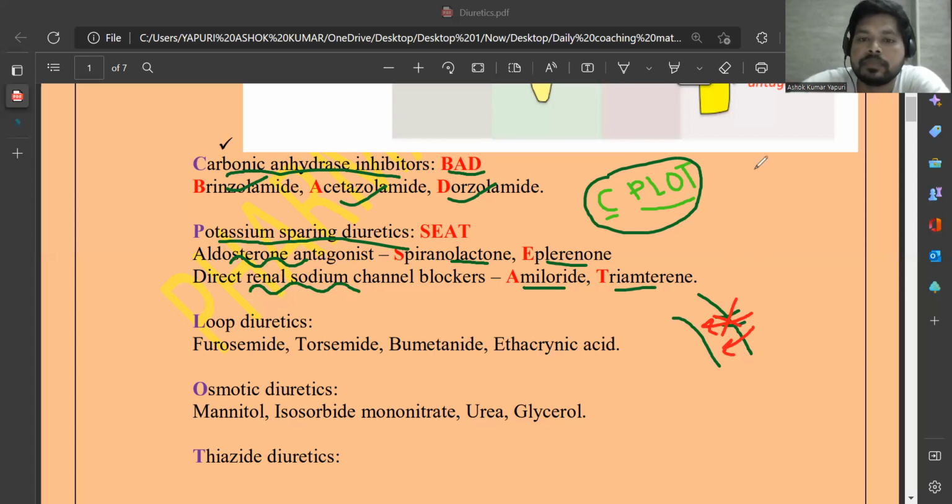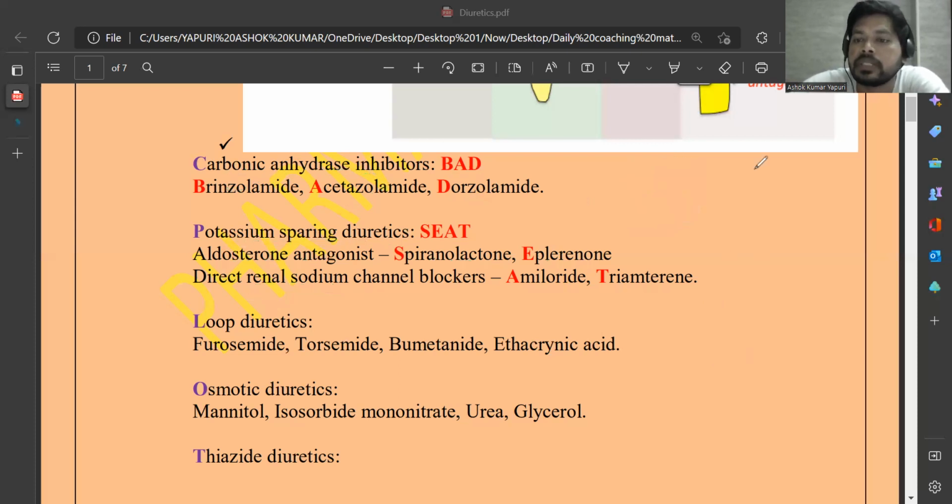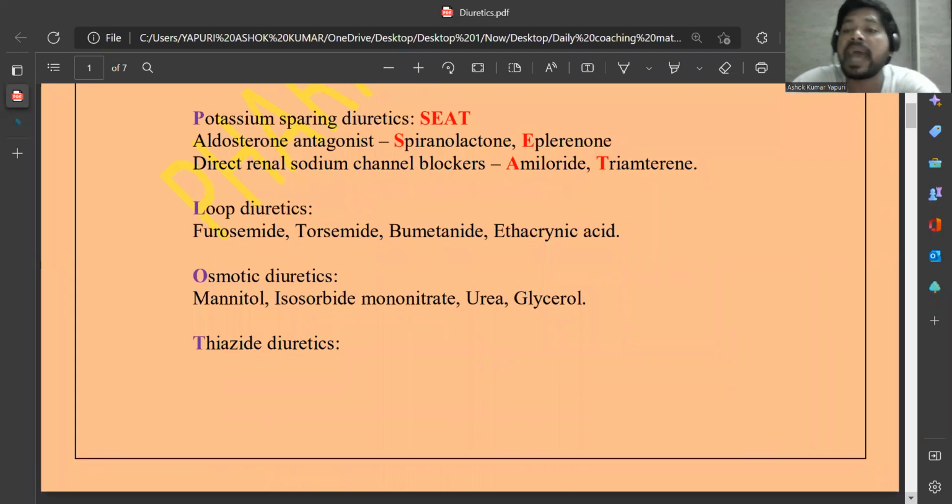Okay. Next, loop diuretics. Regarding the diuretics classification, loop diuretics are highly efficacious diuretics because of their excellent pharmacological action. Loop diuretics are also known as high ceiling diuretics. And regarding thiazide diuretics and loop diuretics, thiazide diuretics are called calcium sparing diuretics, nothing but calcium storing diuretics.